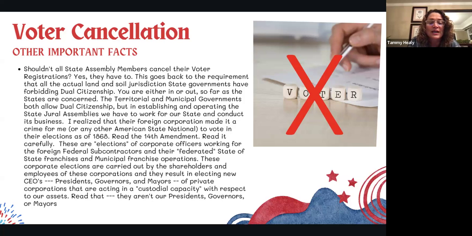These corporate elections are carried out by the shareholders and employees of these corporations, and they result in electing new CEOs, presidents, governors, and mayors of private corporations that are acting in a "custodial capacity" with respect to our assets. Read that. They aren't our presidents, governors, or mayors.